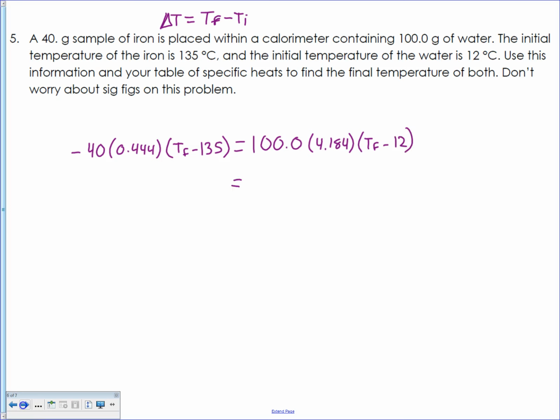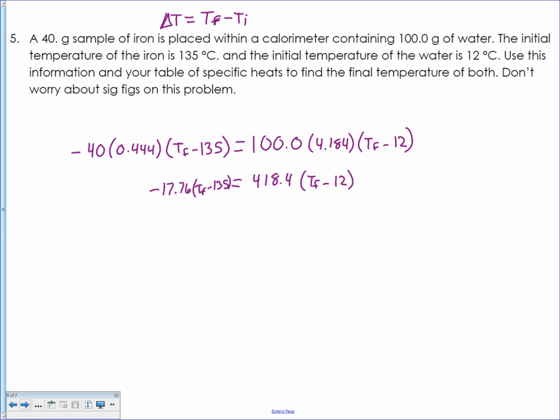Okay, just doing a little simplification of what's in front of both of these sides here. This comes down to -17.76 TF minus 135 equals 418.4 TF minus 12.